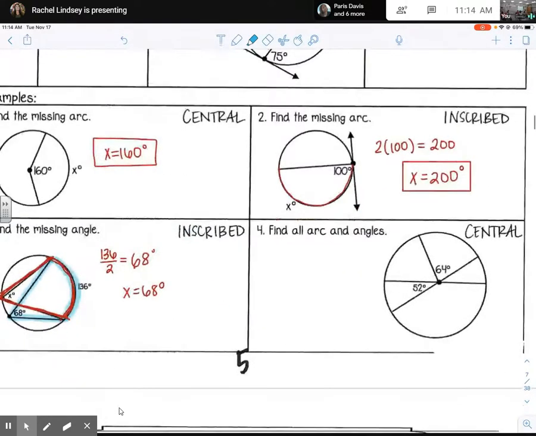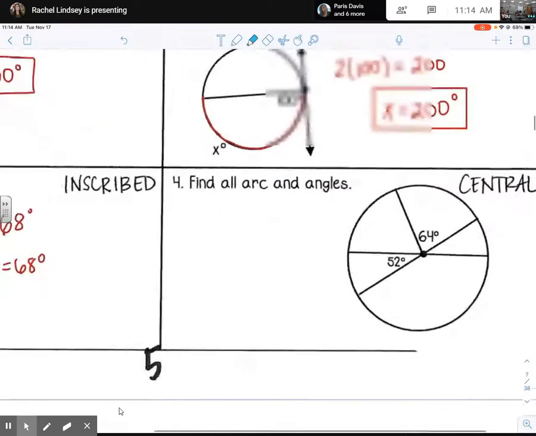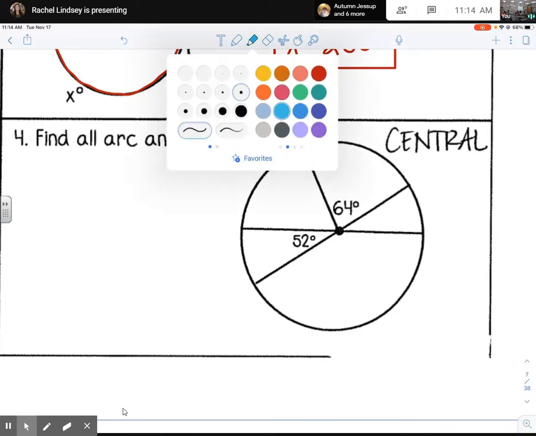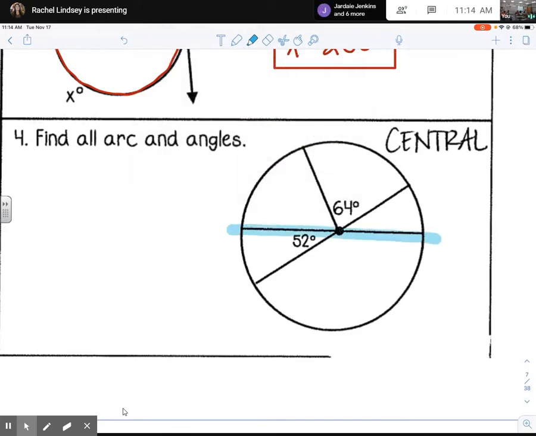Then on the next one, we have central angles, and it wants us to find all the angles and all the arcs. It's important to know that half of a circle equals 180, and a whole circle equals 360.